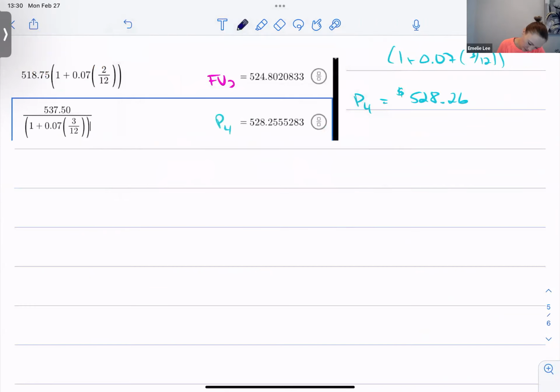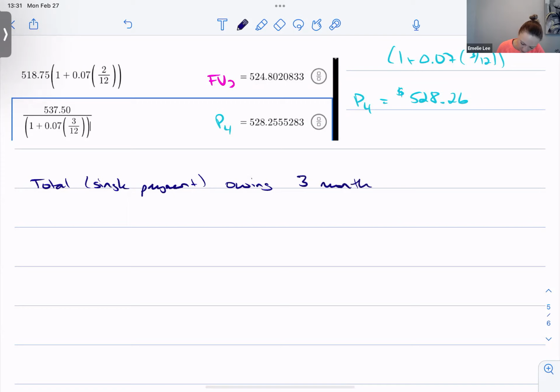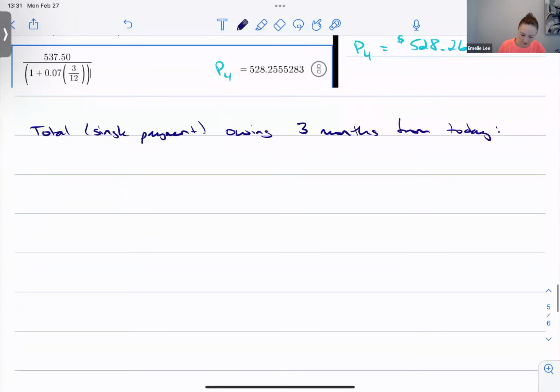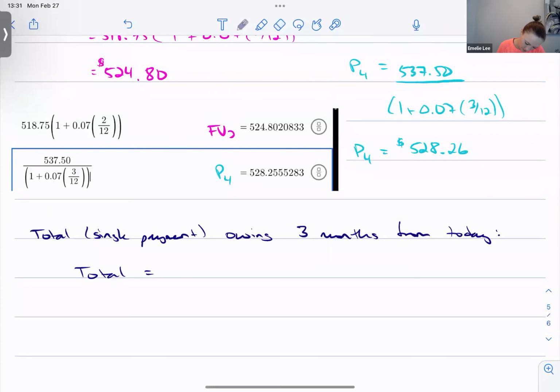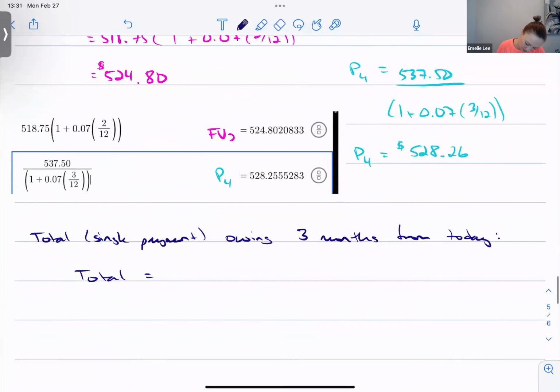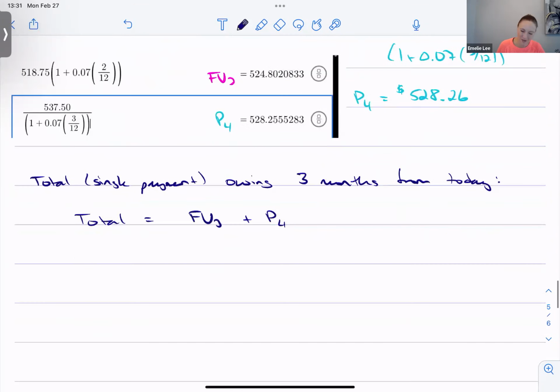So the total single payment owing 3 months from today is future value 3 plus present value 4.